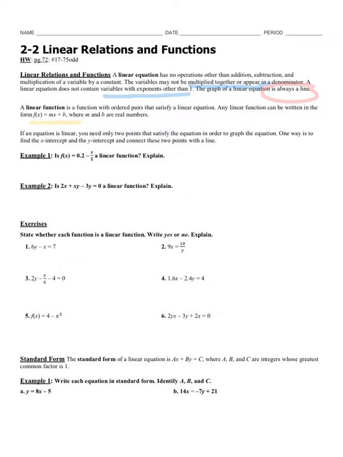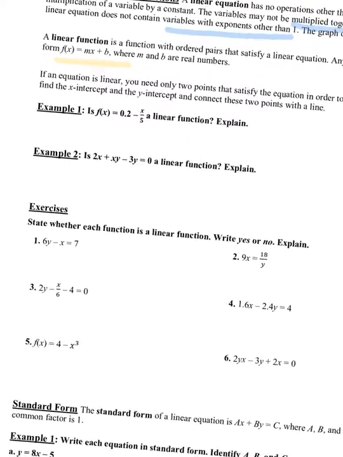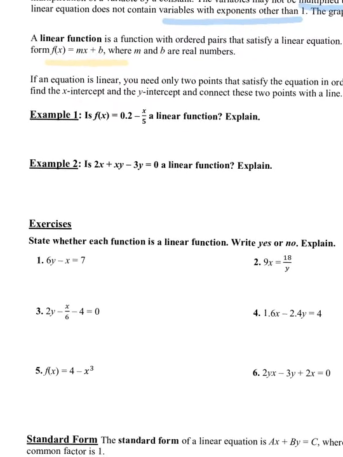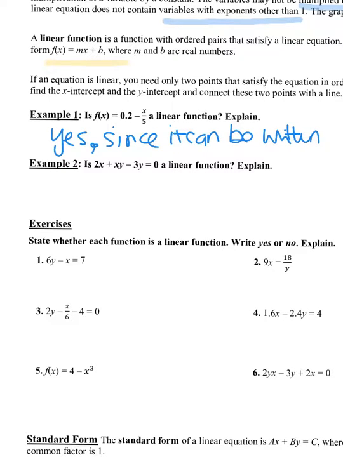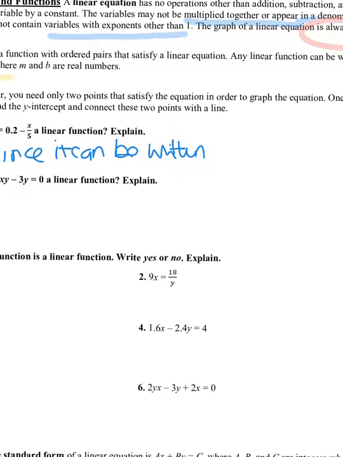Coming down to example 1, is this a linear function? And explain. We want to see if it can be written in the form f(x) = mx + b. Since the answer is yes, we can say it is a linear function because it can be written in that form as f(x) = -1/5 x + 0.2.